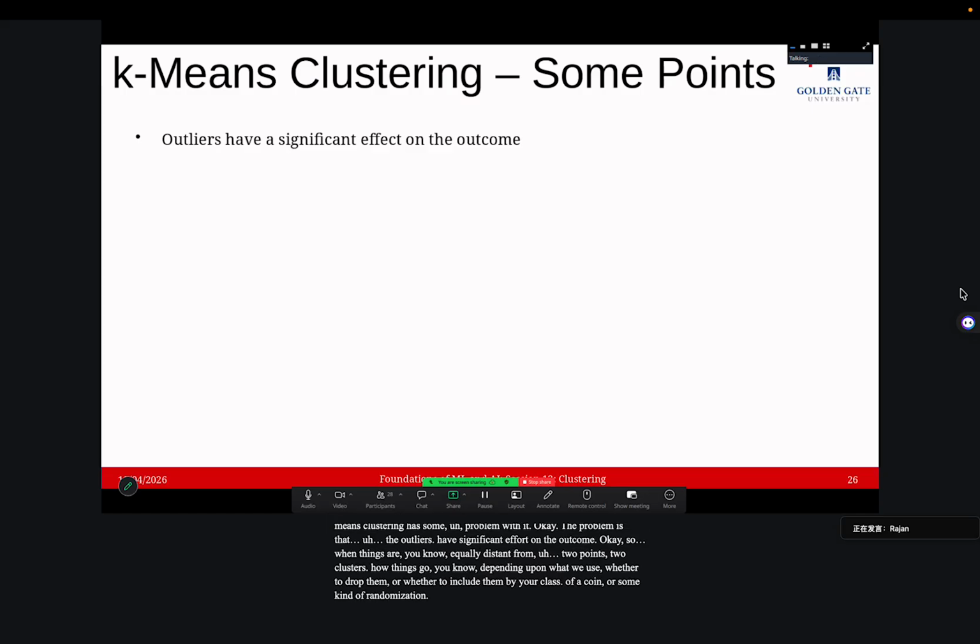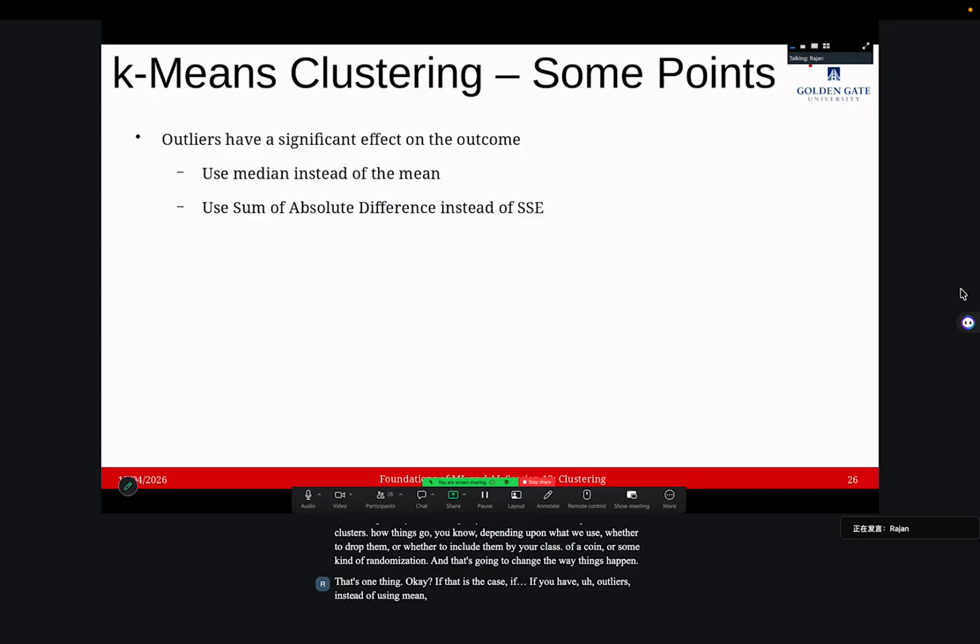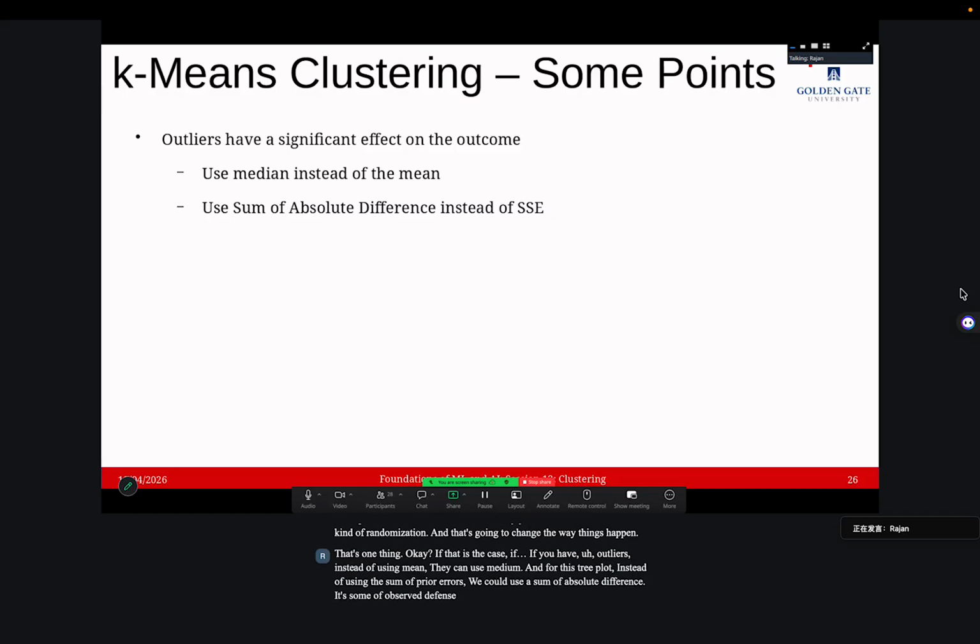And that's going to change the way things happen. That's one thing. If you have outliers, instead of using mean, we can use median. And for the scree plot, instead of using the sum of squared errors, we could use a sum of absolute difference. So those are the 2 things we would do.